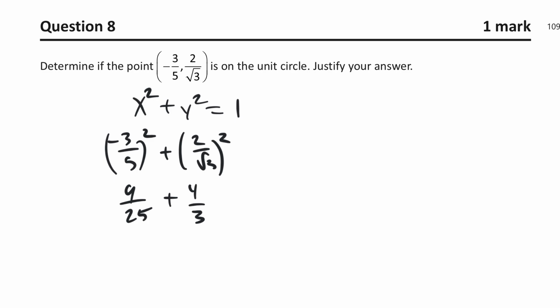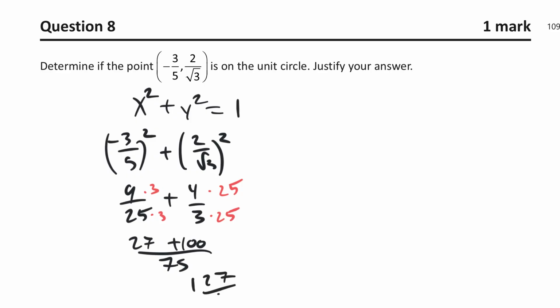Now I need to make these common denominators, so think 75. So let's multiply by 3 here, multiply by 25 over here. 27 plus 100 over 75. So that's going to give me 127 over 75. And that does not simplify to 1.